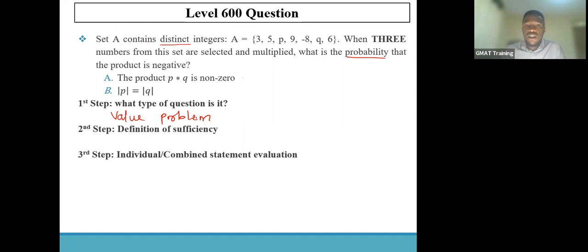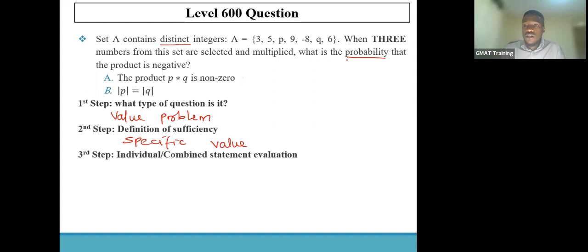Since this is a value problem, we need to get a specific value for the probability of the product being negative for any of the given statements to be sufficient. That means that for either statement A or B, or the two of them together, to be sufficient, they must help us get a specific value for the probability.